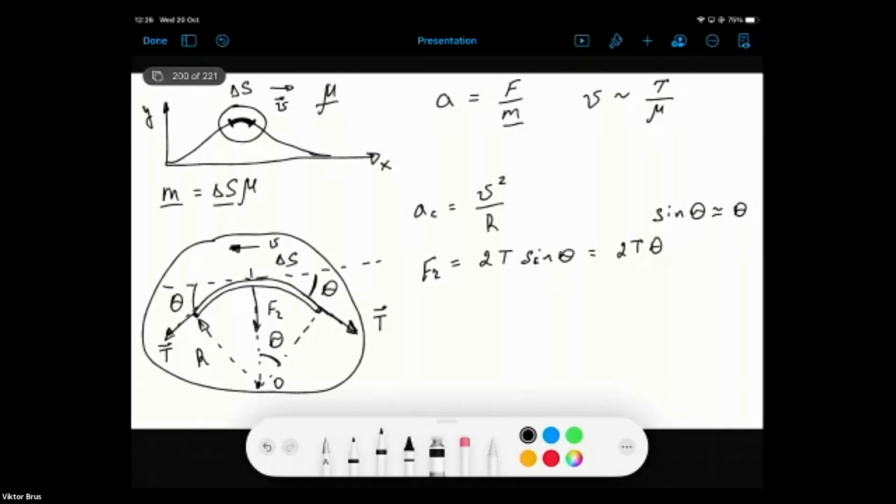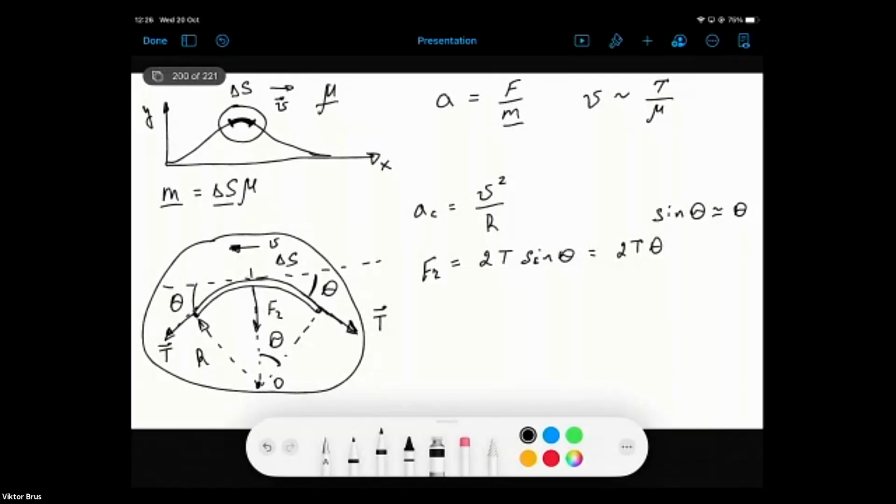So with this radial force, we have already figured things out. It should be compensated by the centripetal force.